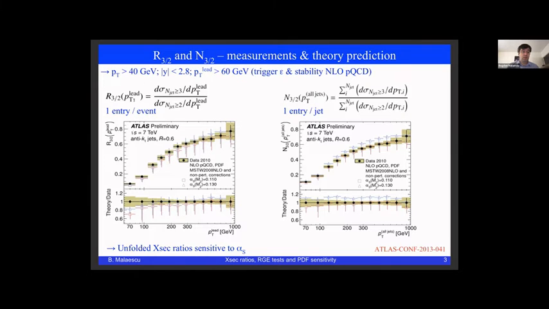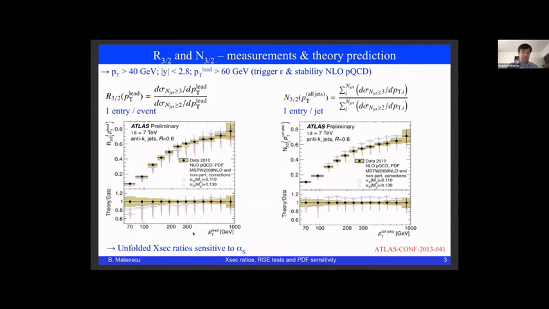This is a 3-jet to 2-jet cross-section ratio, where there is essentially one entry per event filled at the PT of the leading jet. So you have here the measured quantity as a function of the PT of the leading jet compared with theoretical predictions for two different alpha S values, which shows that this cross-section ratio is indeed sensitive to alpha S.